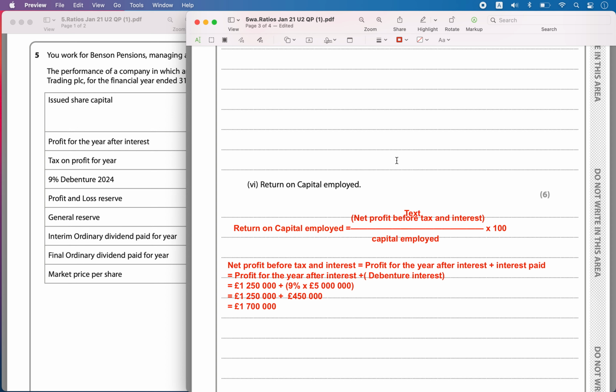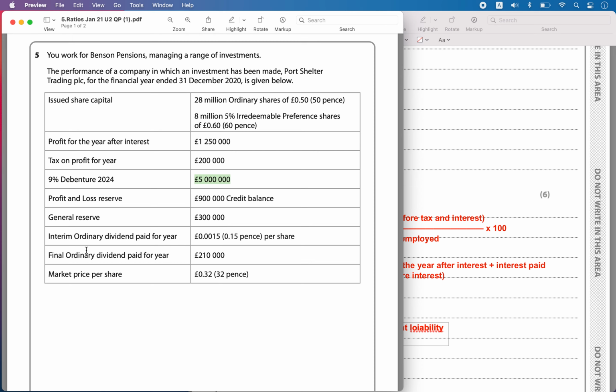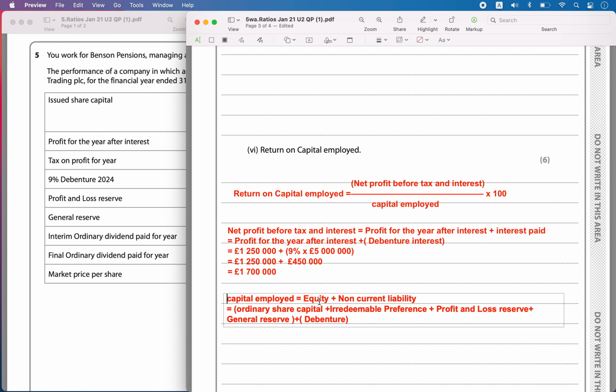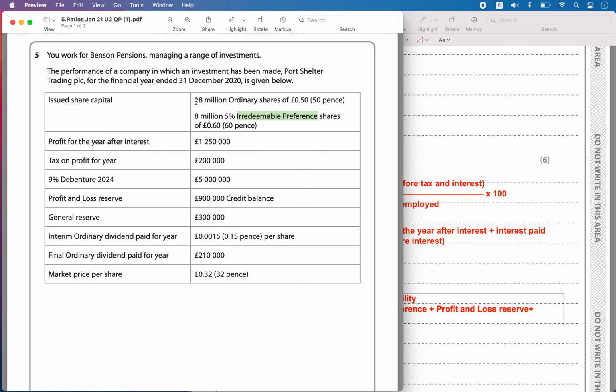Next one, we have to calculate what was the capital employed. Now the capital employed is equal to the equity plus the non-current liabilities.